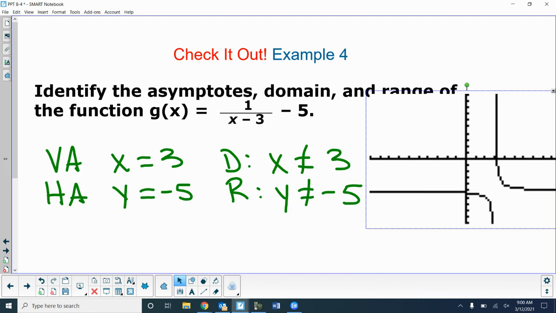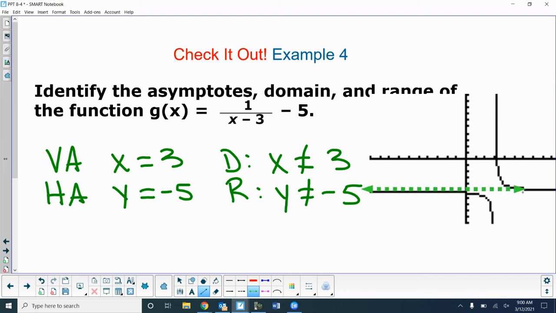If I drew a dashed line through there, that's my, what do we call it? Horizontal. Okay? What number's right there on the x? 3. There's my vertical asymptote. You see that?